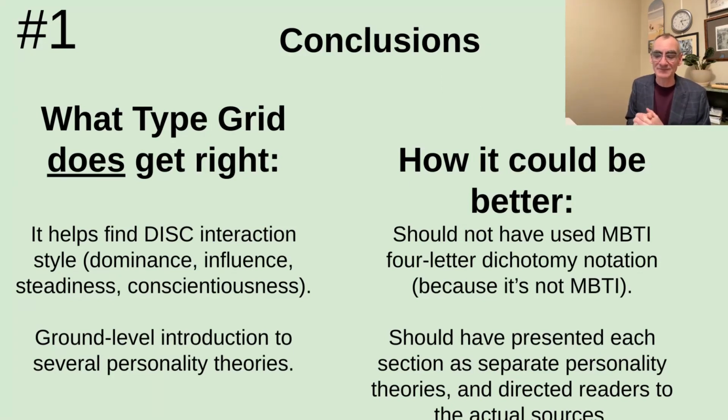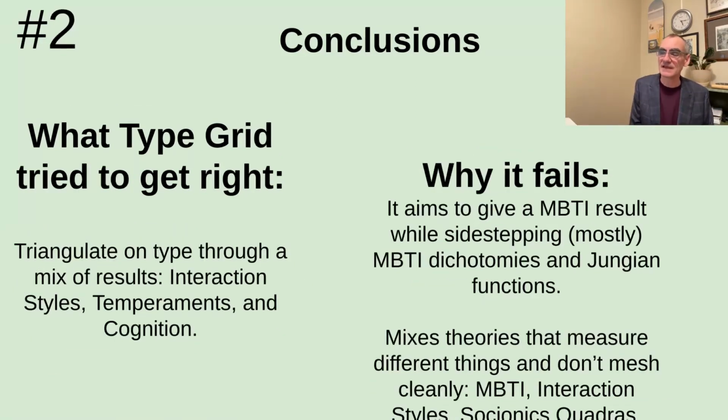It should have gone back to say, this is a socionics bit, this is a Keirseyan or Berens temperament bit, and here's something on interaction styles, to understand where the seams are, because it is a Frankenstein together set of personality theories. So what they didn't get right, well, they did try to get a triangulation through three different personality theories.